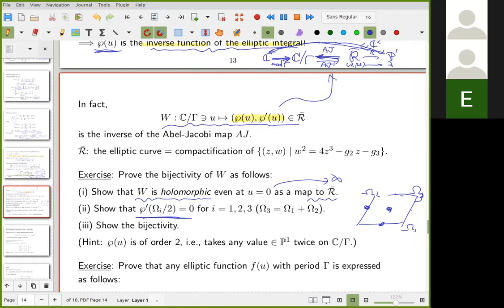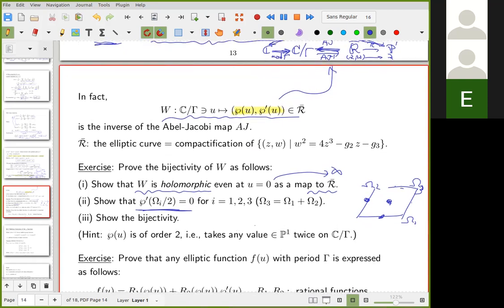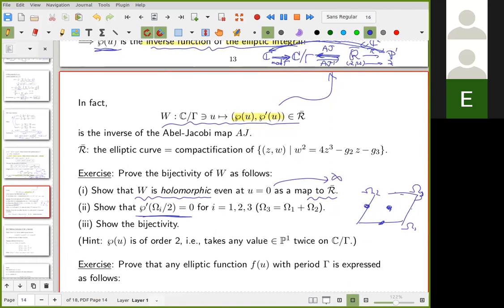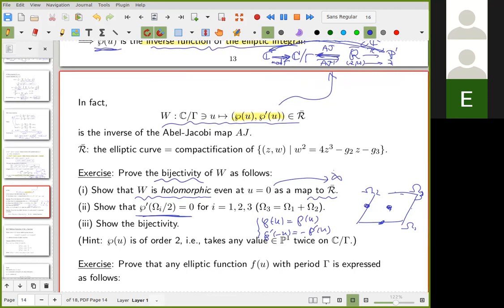And also evenness, oddness, can be used to prove the bijectivity of this map. Well, please try.